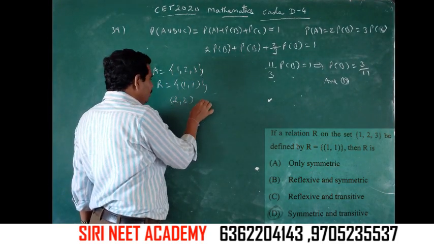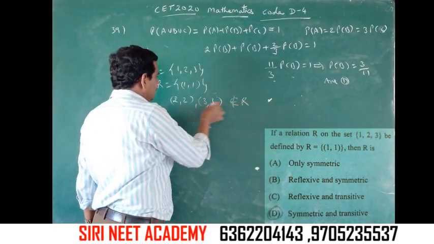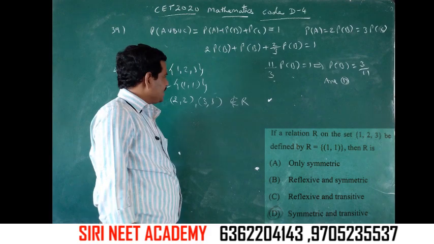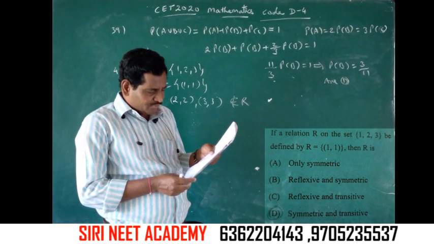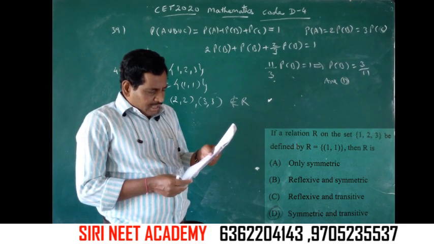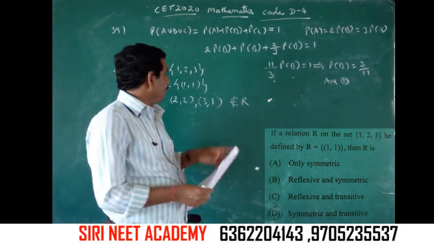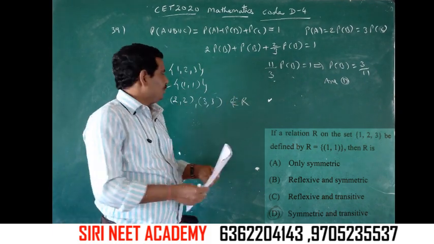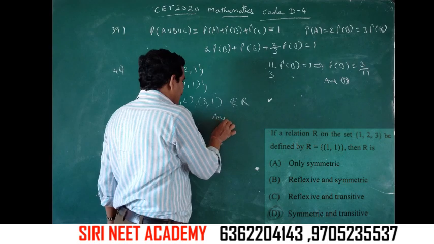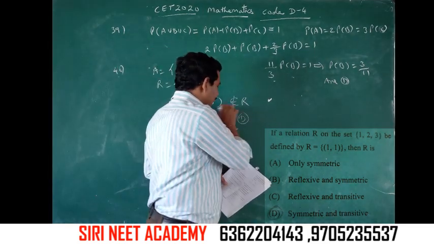What about 2 2 and 3 3? These two do not belong to R. So clearly it is not reflexive. So option B and option C contain reflexive. So the option is either A or D. How about transitive? 1 1, it is transitive. Reflexive, symmetric. So clearly the option is symmetric and transitive, D.